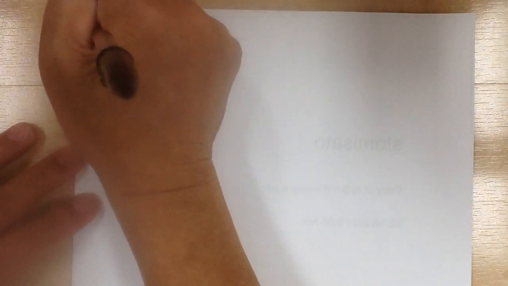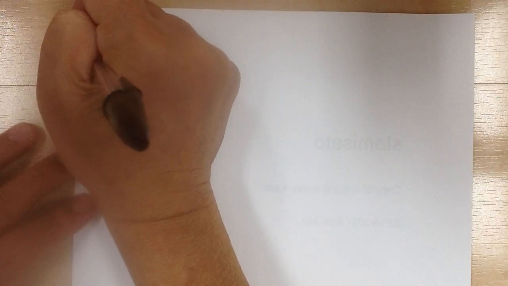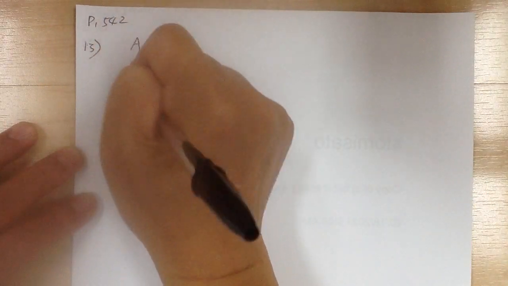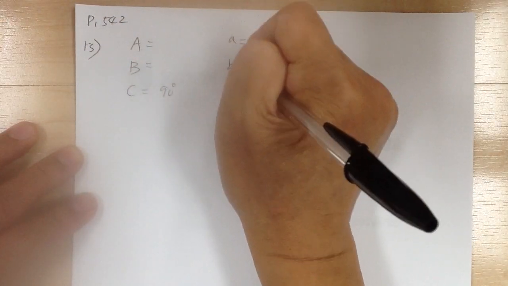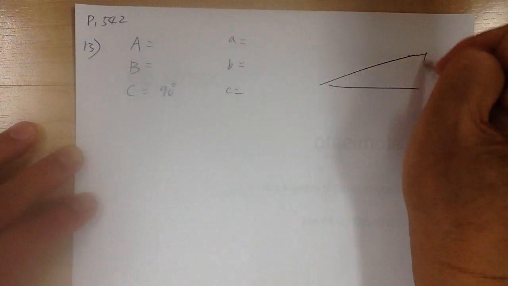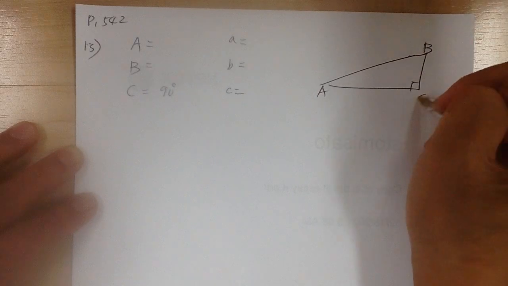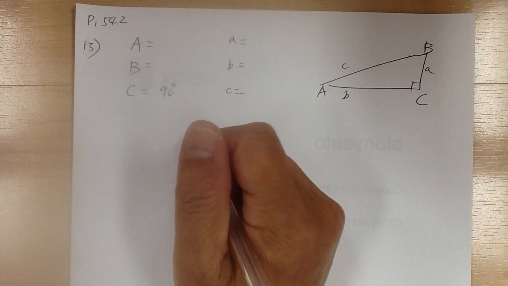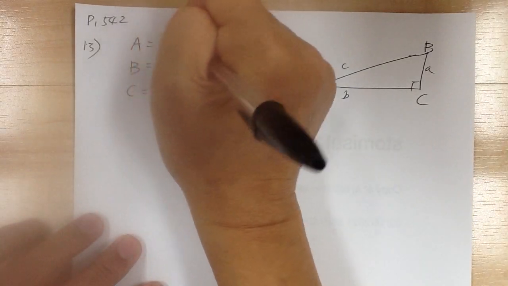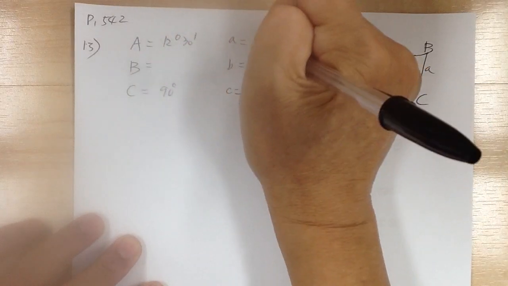Okay, let's go to the next one. Number 13. So you got A, B, C. Number 13, angle A is 12 degrees 30 minutes, and A equal to 1.34.